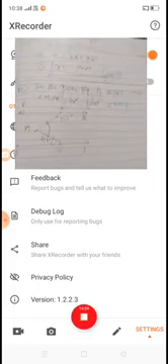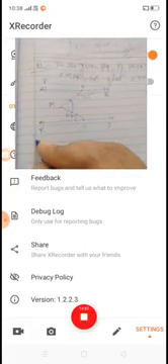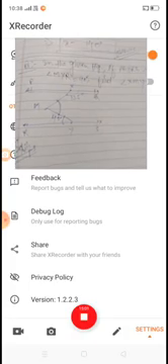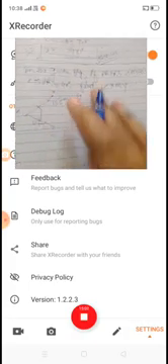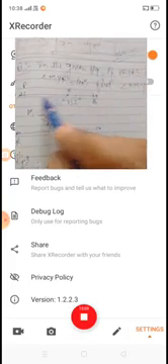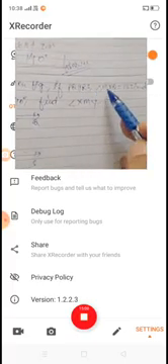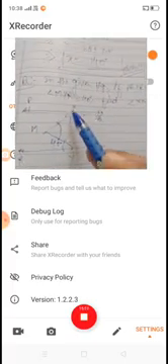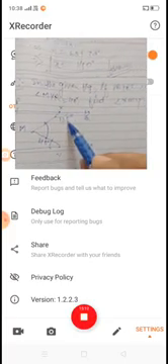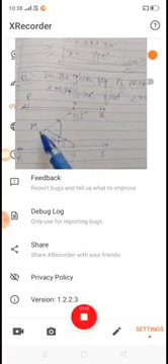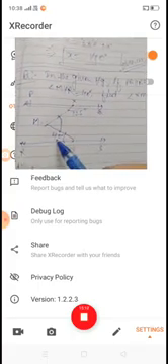Now let's solve it. This is the question: in the given figure, line PQ is parallel to RS, angle MXQ is 135 degrees, angle MYR is equal to 40 degrees.